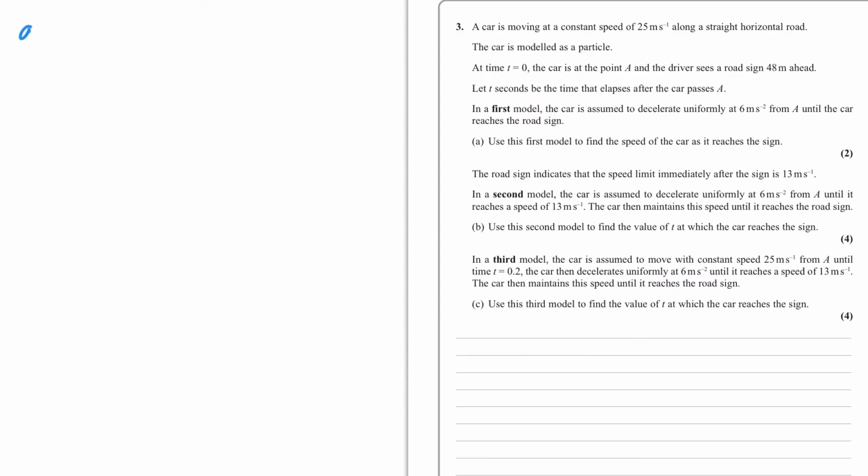Okay, for A, I'm just going to do a very, very quick sketch. A car moving at constant velocity of 25 meters per second. That's at time t equals 0. And it's at point A. And 48 meters ahead, he sees a sign.